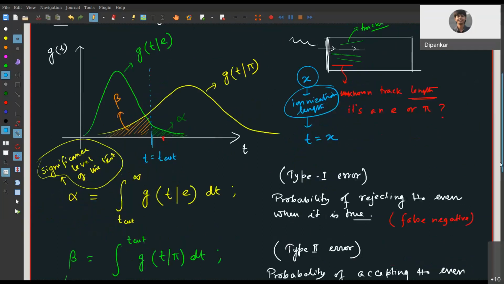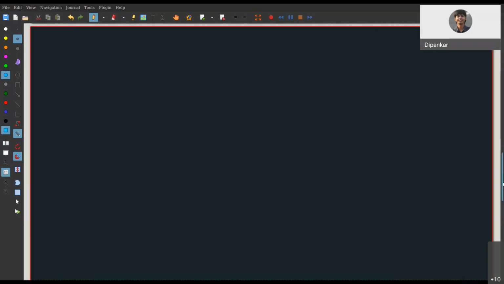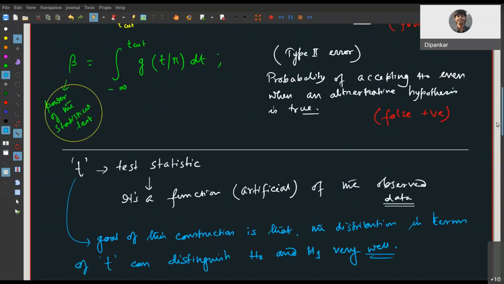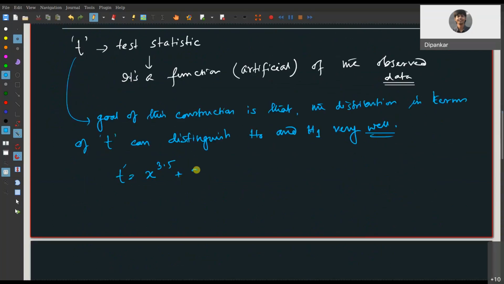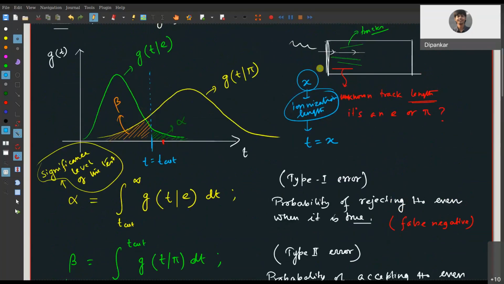But suppose someone had chosen, let's say, this is just an example, t equals x to the power 3.5 for some reason. Okay, so let's say I call it t prime to distinguish from this t. So t prime equals x to the power 3.5, or x to the power 3.5 plus 2x square. More complicated stuff, made from this x.